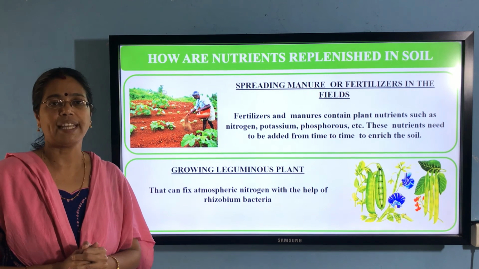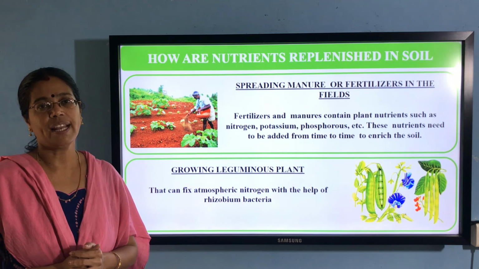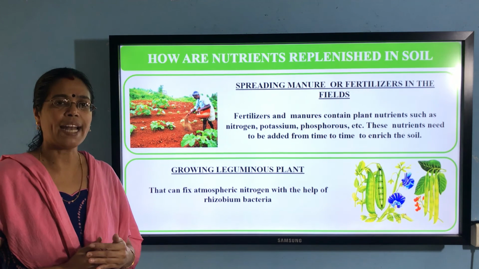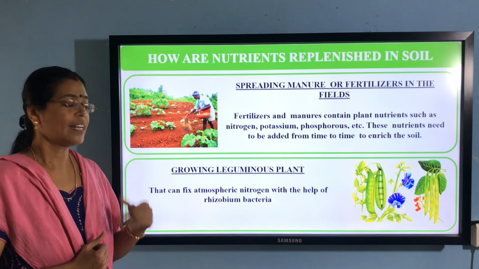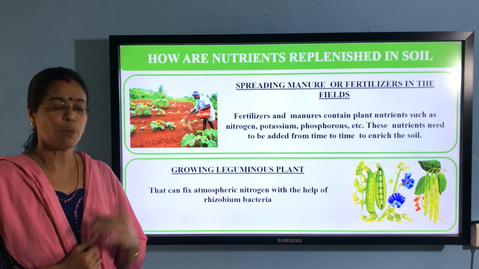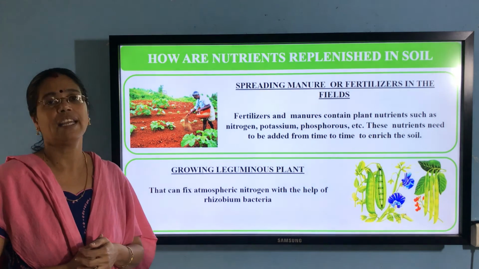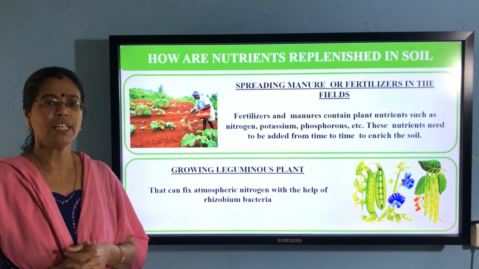This rhizobium bacteria is able to fix the atmospheric nitrogen in the soil in a usable form. So the plant can use the nitrogen compound. This plant fixes the nitrogen, so the soil will be enriched in nitrogen compounds. So by growing leguminous plants at proper intervals, we also enrich the nitrogen content of the soil.